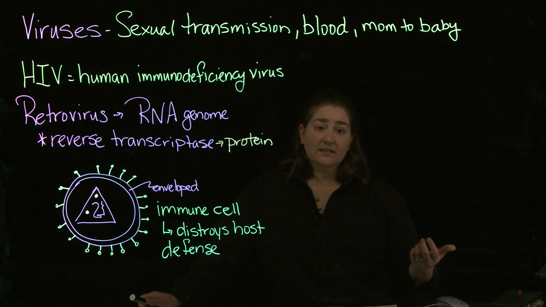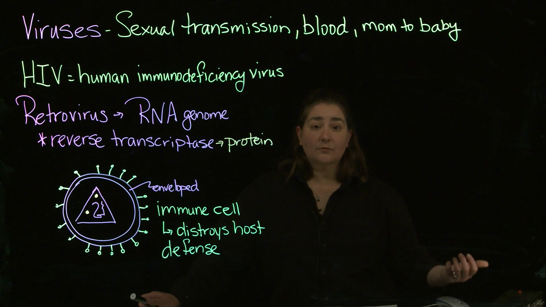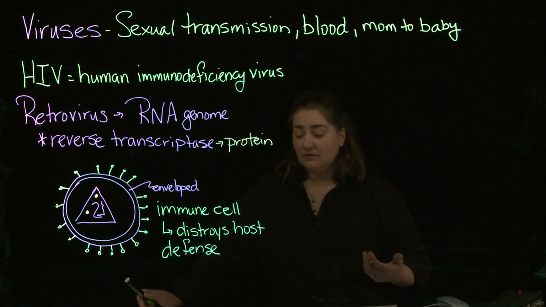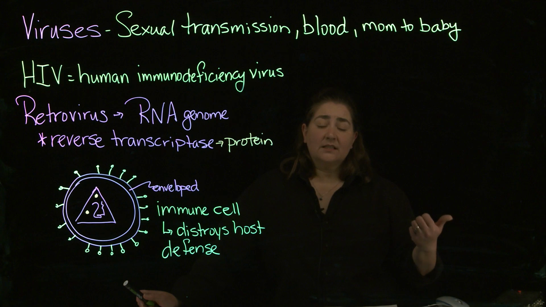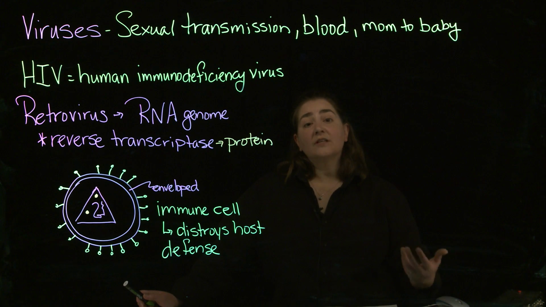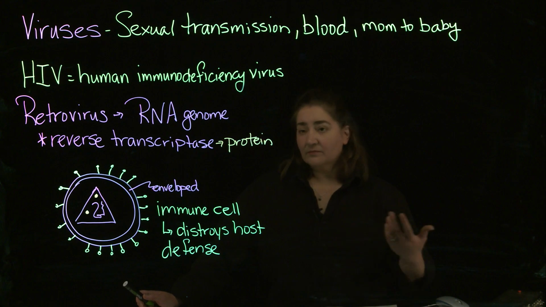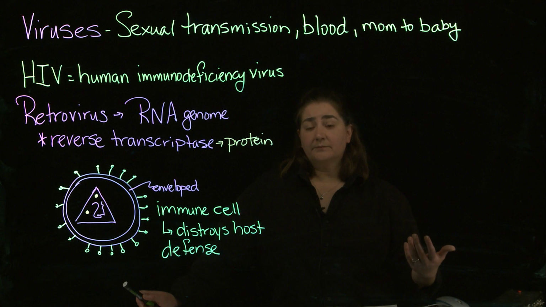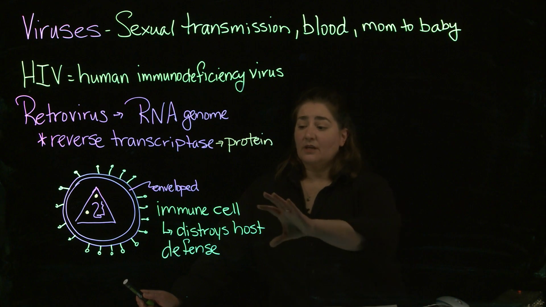Something as easy as the flu can result in death with someone who has an HIV infection, all right? Yeast is another organism that can kind of take over, all right? Various bacteria can also result in the death of the patient, okay?